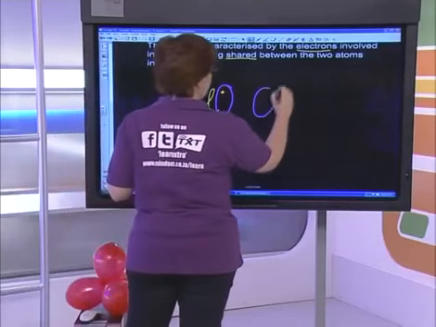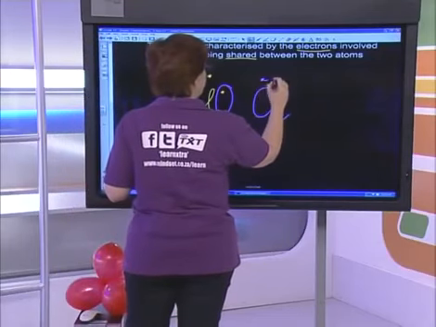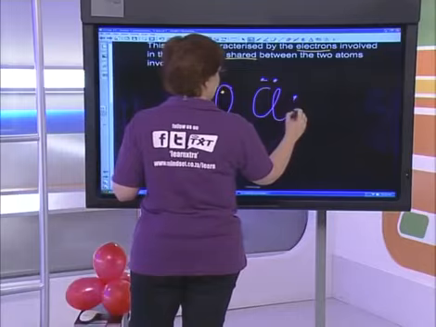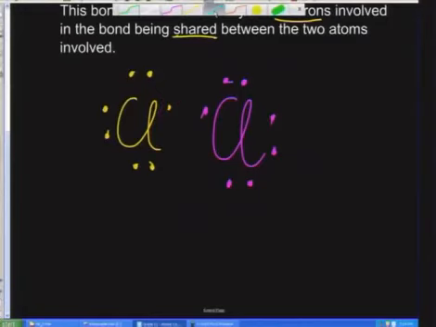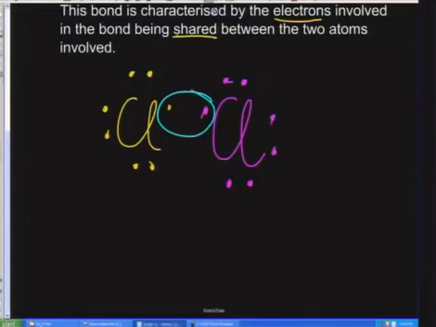If we bring along another chlorine, this chlorine also has 7 valence electrons, and it also has an open space. Now these two electrons come together and say, well, we can share this space.